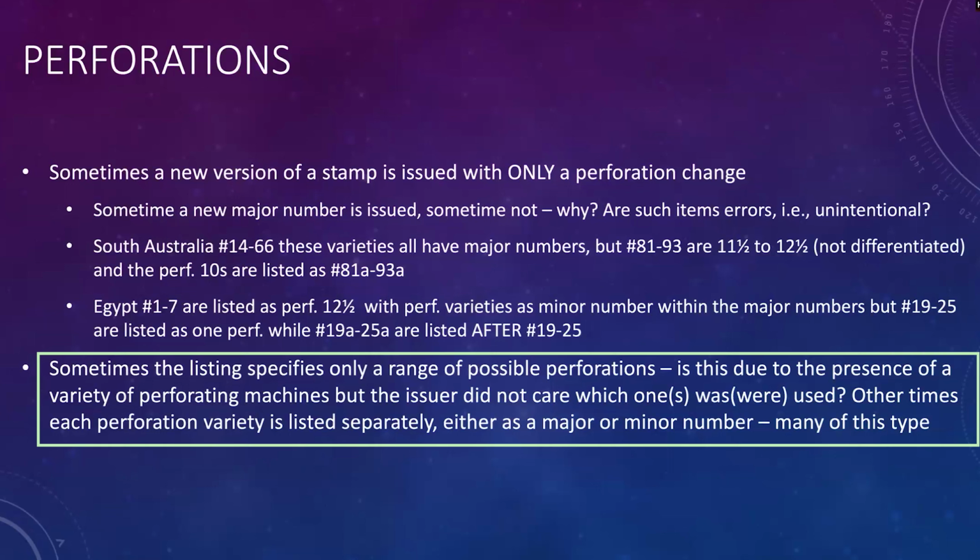For a number of stamps, they issue a whole variety of perforations, and they don't specify either major or minor numbers for what the different perforations are. I don't know why they did this. They have no clue as to why they're doing what they're doing. Again, was it a matter of the perforating machines being inaccurate, or they didn't care? They didn't deliberately issue them one way or the other, but there are quite a few listings of this sort.